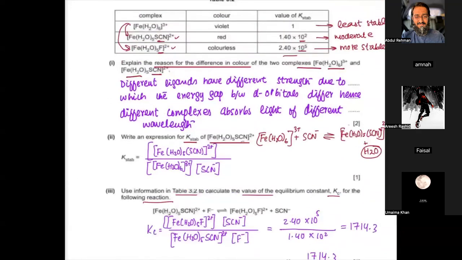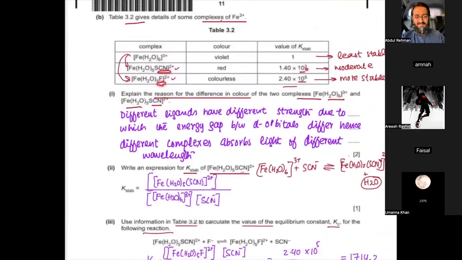And if you see, SCN is less stable than the fluoride complex. So when we add fluoride ions, KF, this would react with this to give you this. Now the solution has this complex. Now if you add thiocyanate, because its value is smaller, it would not do any reaction, so no reaction would occur in that case. So initially, the color changes from violet to colorless when you have added potassium fluoride, and then no change. Yes, very good, Shazil.